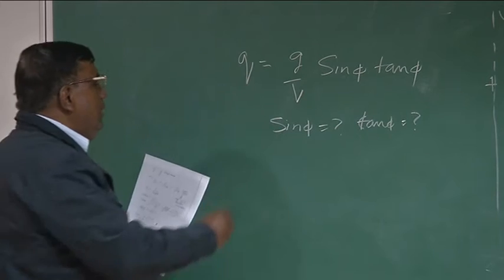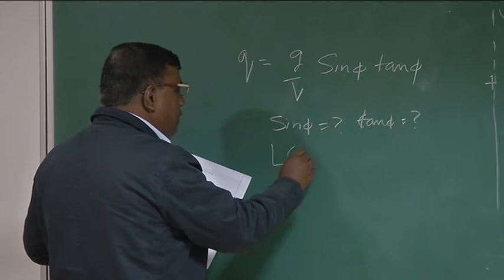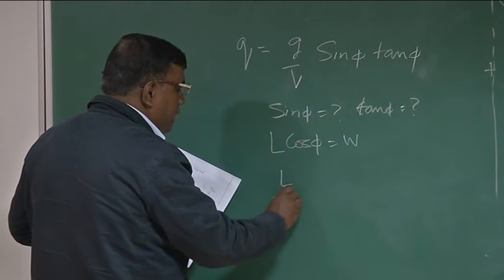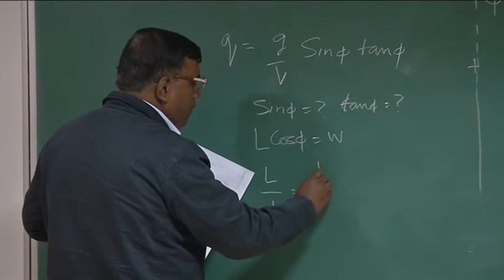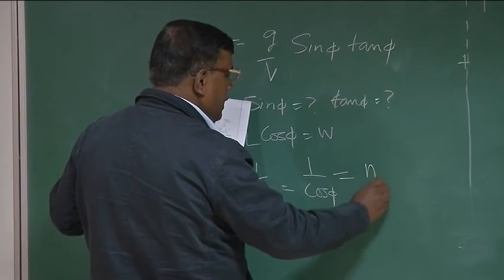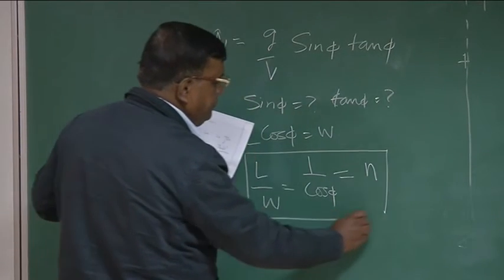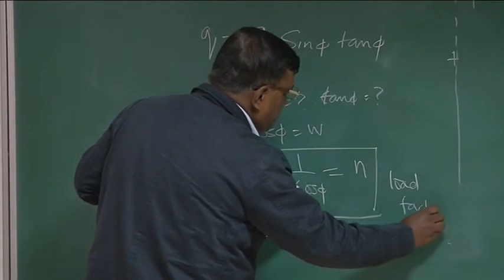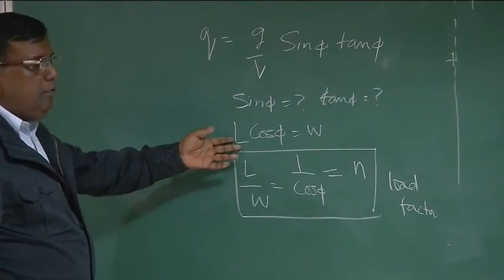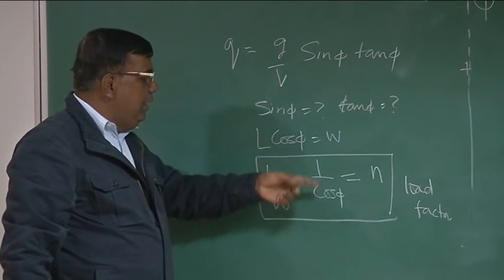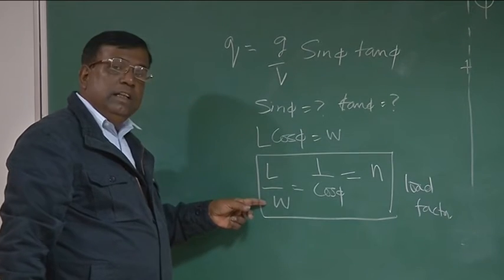One thing I know is that L cos phi is equal to W, or L by W is equal to 1 by cos phi. This is equal to n, called the load factor. You know that L cos phi was balancing the weight, so L by W will be 1 by cos phi, and L by W is nothing but load factor.